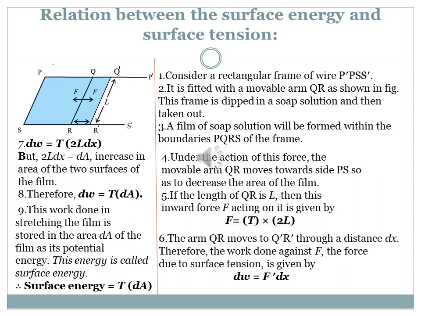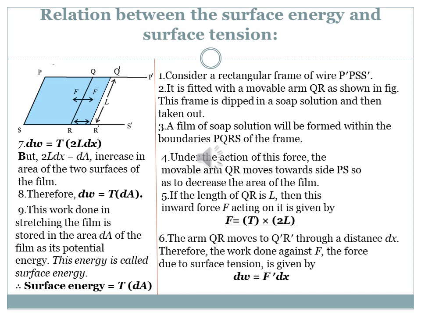So dW is equal to F dash into dx. Now as F dash is equal and opposite to F, we are going to put the values without considering the sign. So dW is nothing but T into 2L into dx. By putting the value of F, which is T into 2L, we are getting dW as T 2L dx. But what is 2L into dx?